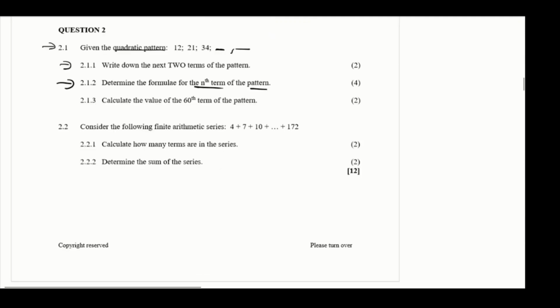So now 2.1.3 says to calculate the value of the 60th term of the pattern. So for the 60th term of the pattern, we're going to use the previous nth term that we calculated. We know very well that our general term of the quadratic number pattern is equal to T n equals 2n squared plus 3n plus 7.